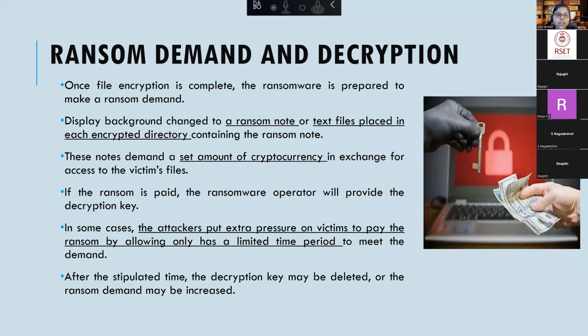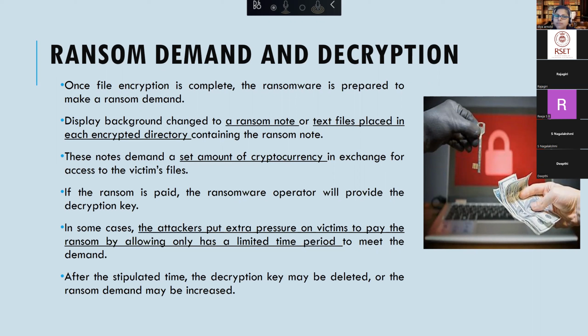Once it encrypts the files, the very next step the ransomware attackers take is to show a ransom note. Either they show a ransom note, or they save a text file in the directory where the files have been encrypted. In the ransom note, they ask for the amount you need to pay in order to recover the data.